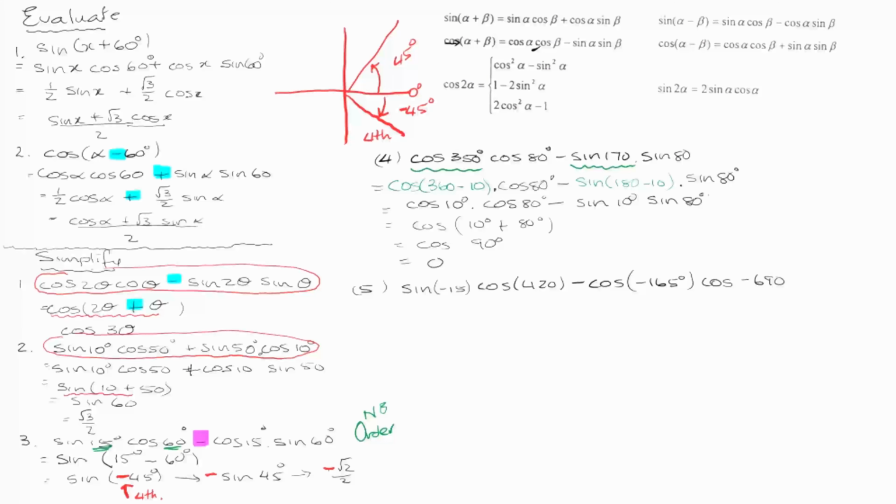All right, first I would say we've just learnt about sine of an acute angle is sine in the fourth quadrant, so it's negative sine of 15 times by 420 is not in your circle, so throw away a revolution and you will get cos of 60, minus cos of negative 165, you will add a revolution, so that will become cos of 195.